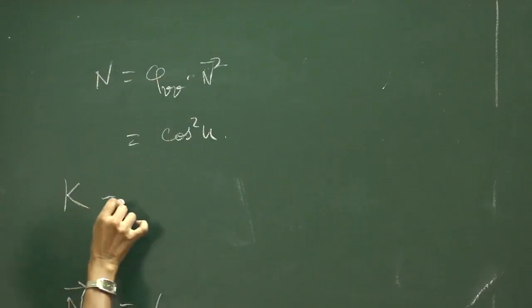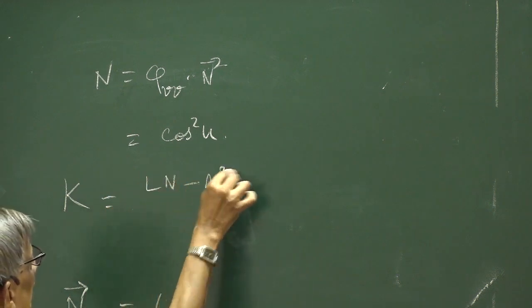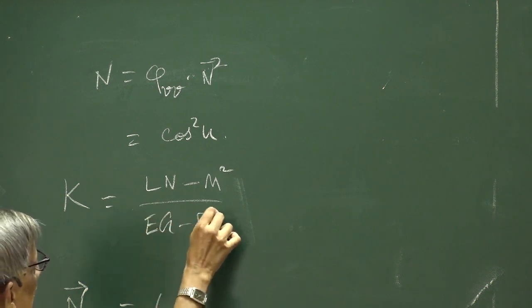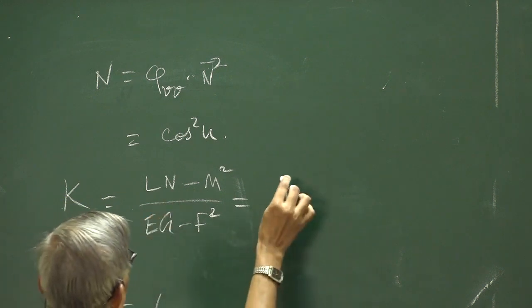What do you get for K? So this is going to be cos square u.